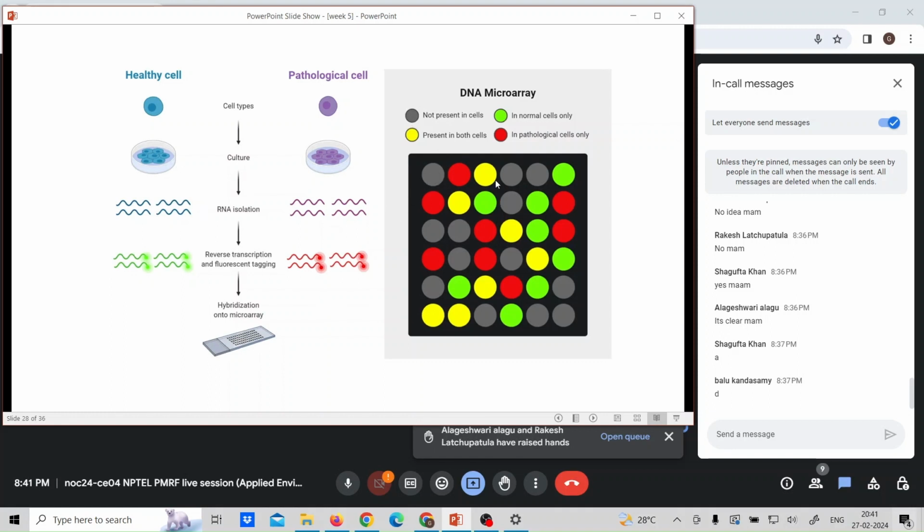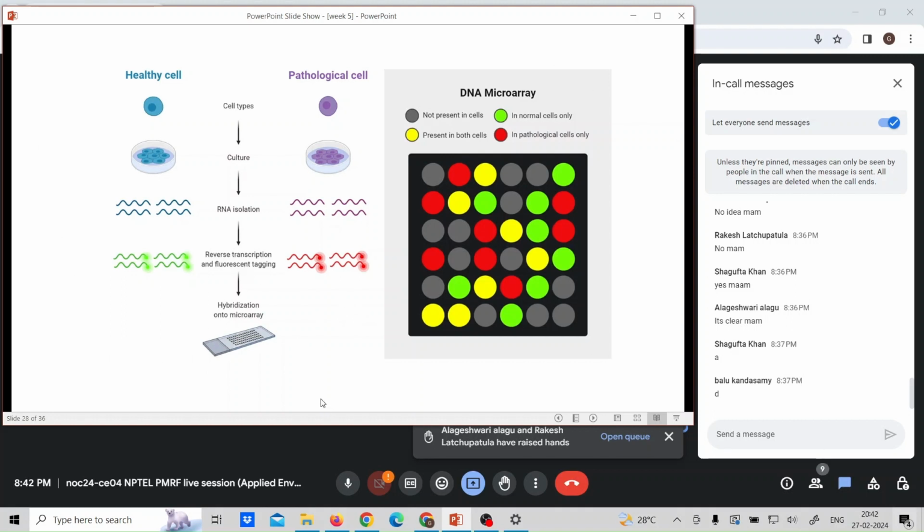In the normally functioning cells, because of the normally functioning transcripts, this green fluorescent tag is going to get bound, so you get this green signal. When there is some modification in it, the red tag binds and you get a red signal. Whatever is present in both, you get a yellow signal, because it's going to be present in both the cells.